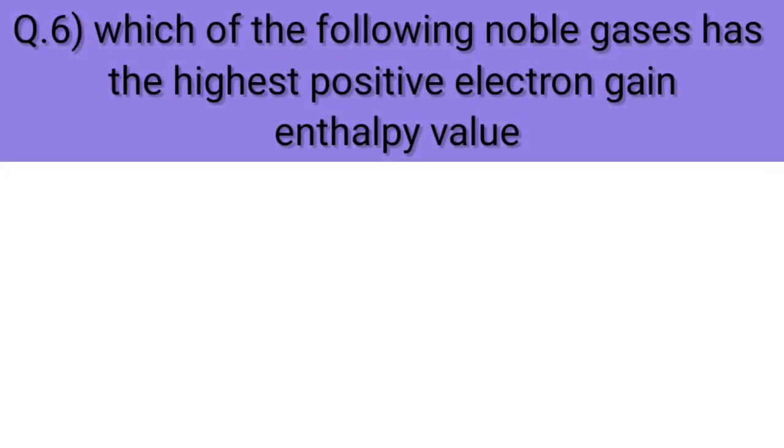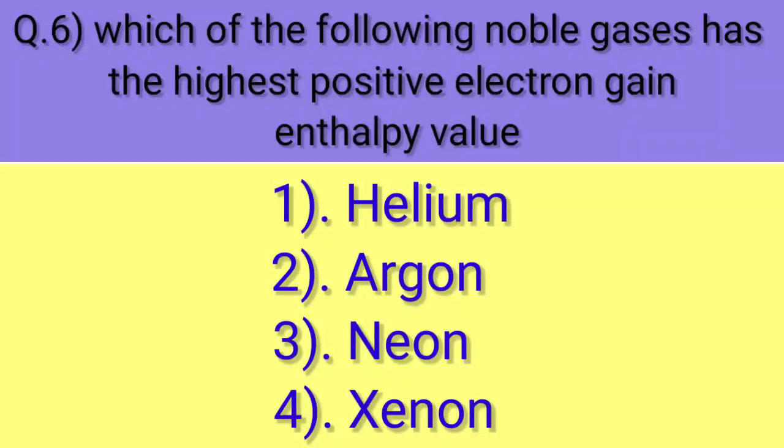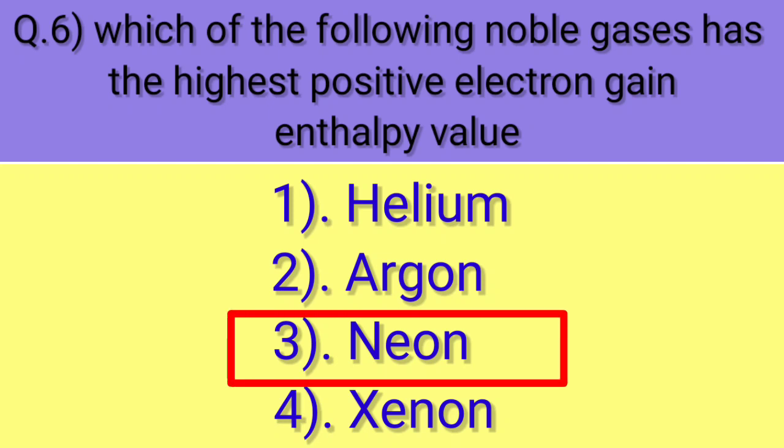The sixth question: which of the following noble gases has the highest positive electron gain enthalpy value? Helium, argon, neon, or xenon. Option number 3, neon, is the correct option.